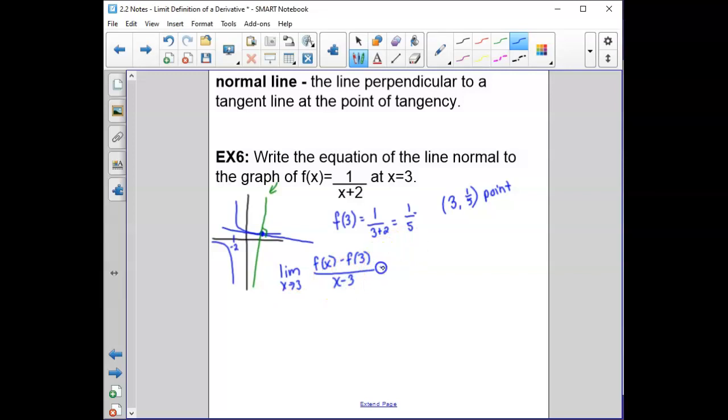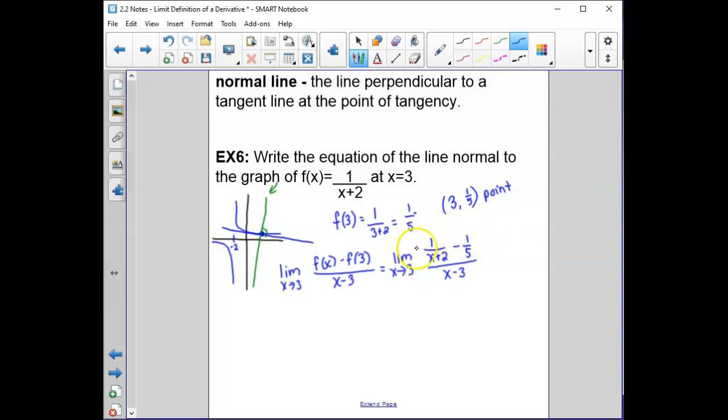For this problem, f of x is 1 over x plus 2. Our f of 3 is 1/5, so this is minus 1/5 all over x minus 3.